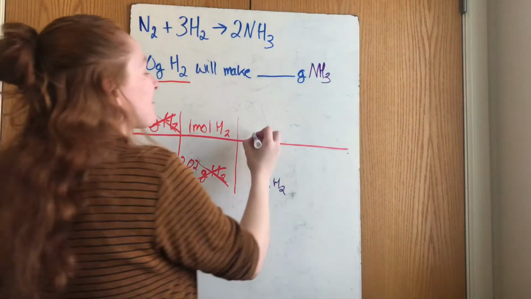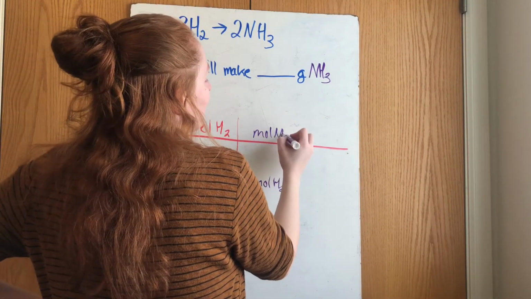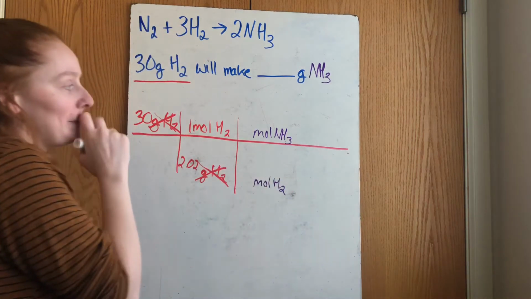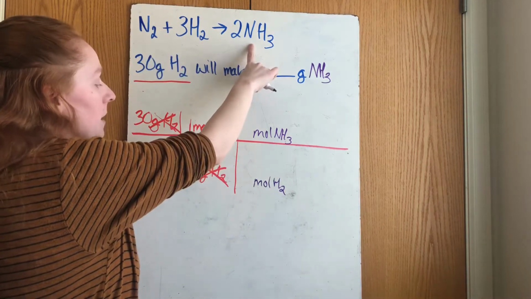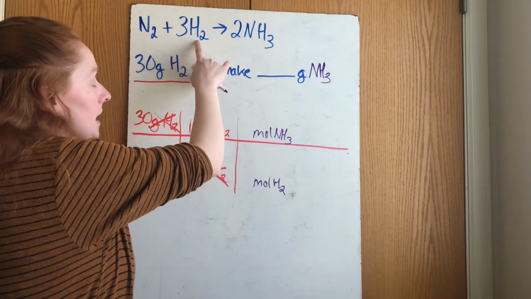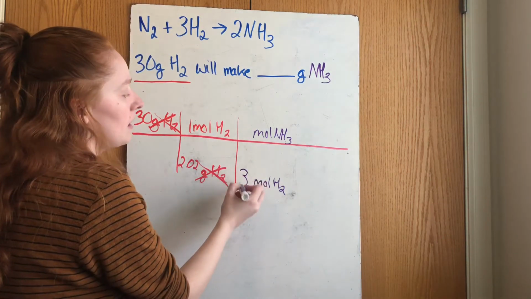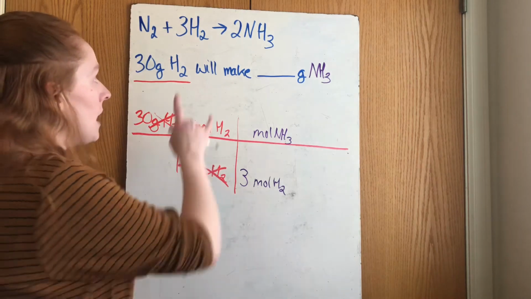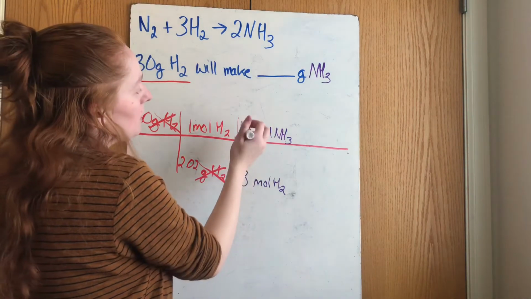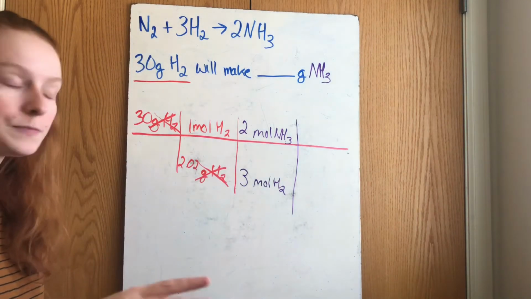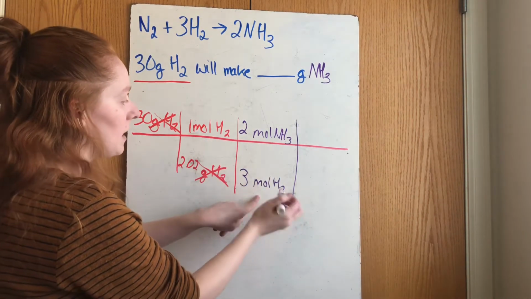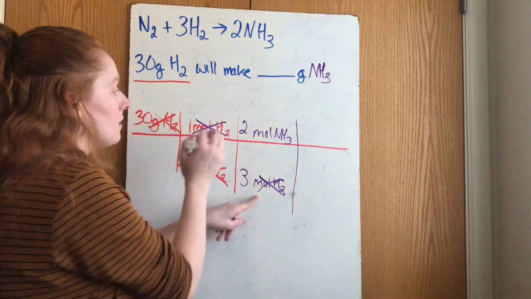Okay, in this case, we're going to get into NH3. So we're going to look at our chemical formula up top for the numbers. There's a 3 next to H2, so I'm going to put a 3 down here by H2. And there's a 2 by NH3, so I'm going to put a 2 over here by NH3. Draw a line. That's step 2. Because I used my units and I canceled them, they go away. I don't need them anymore.